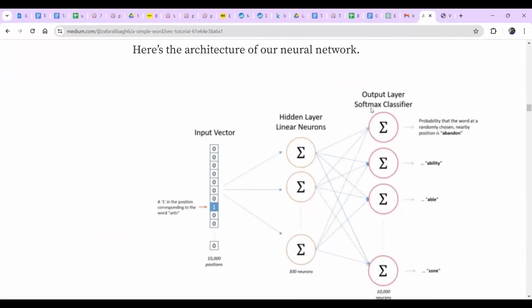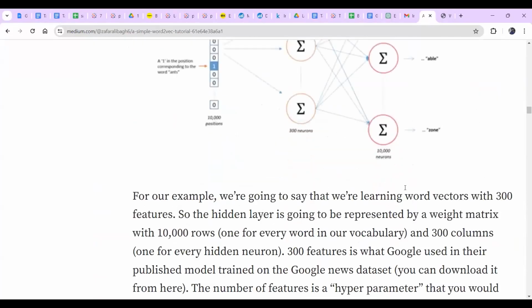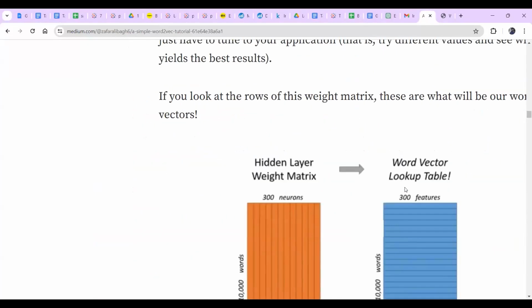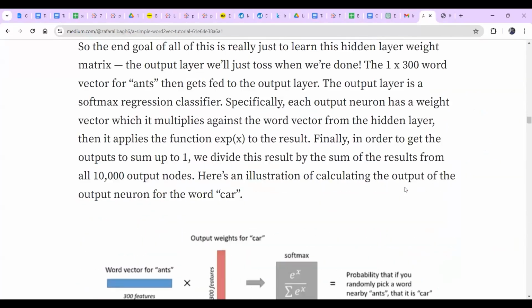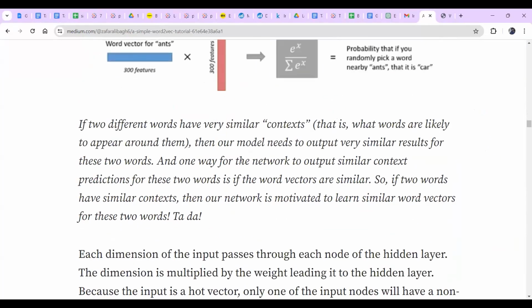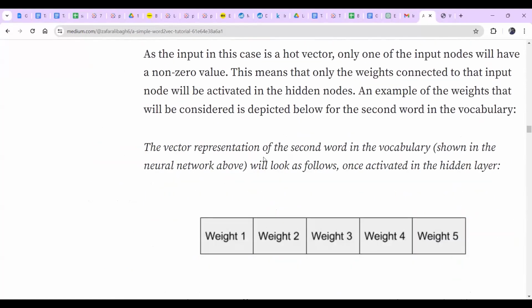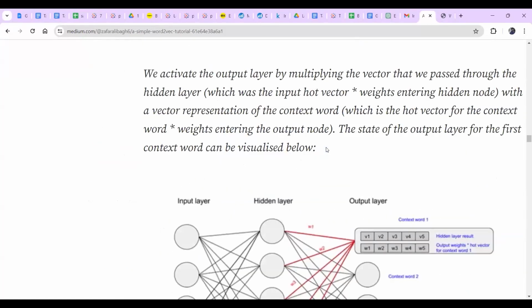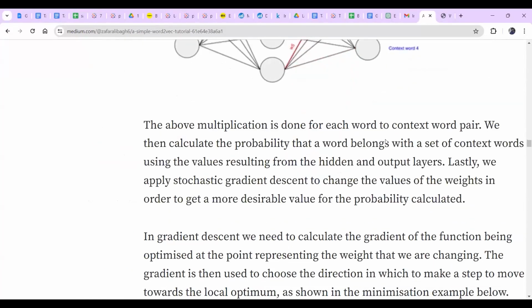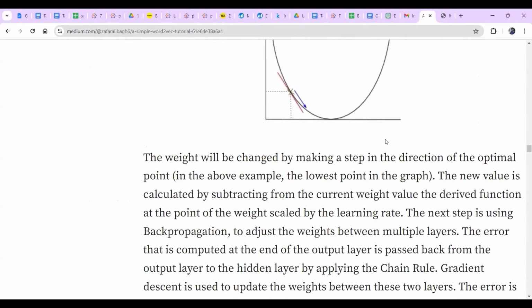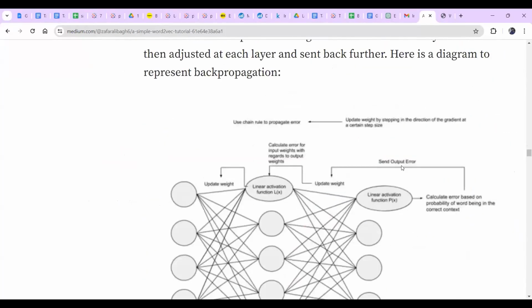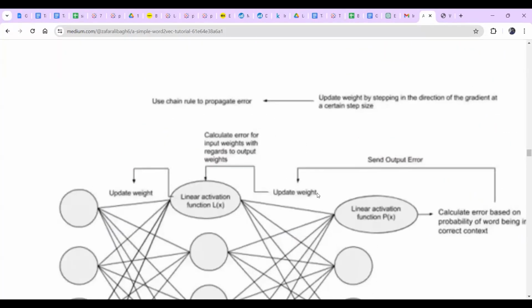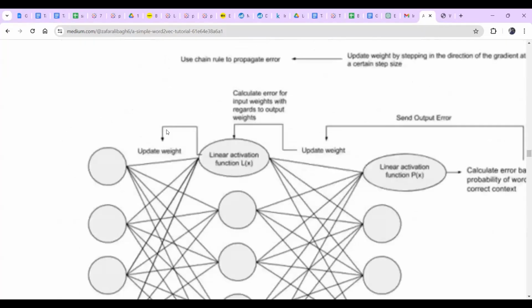So see, a softmax classifier has been added. If it has been added, you can utilize it for getting the probabilities. Okay, this is talking about backpropagation only.